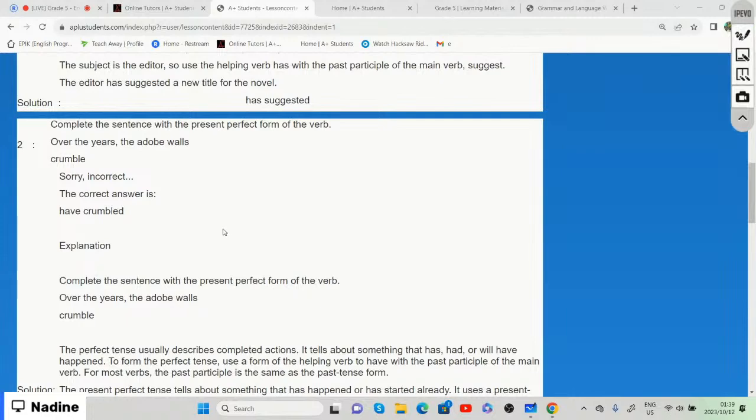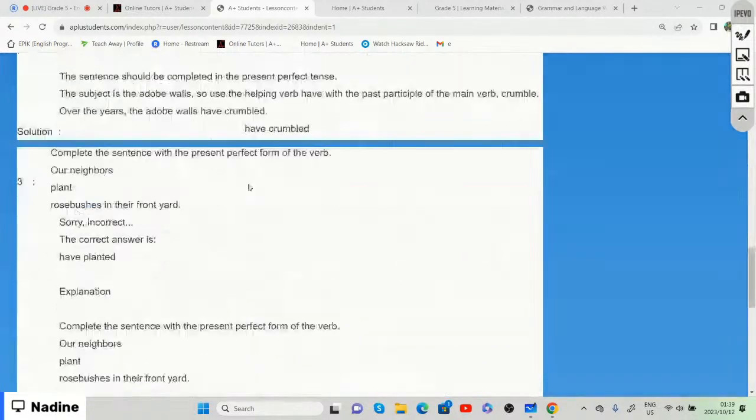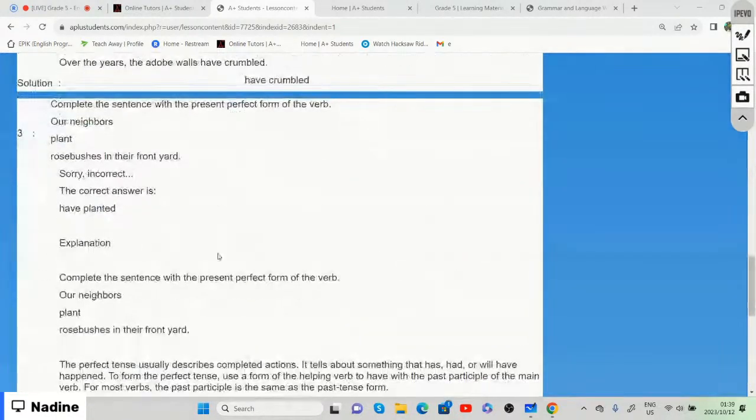All right. And the last one. Our neighbors plant rose bushes in the front yard.